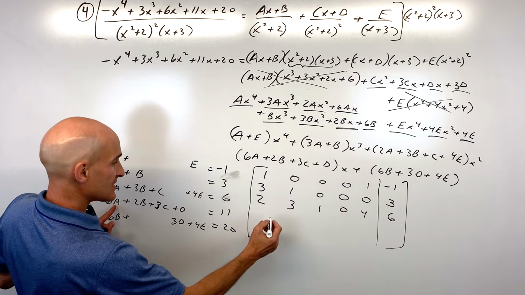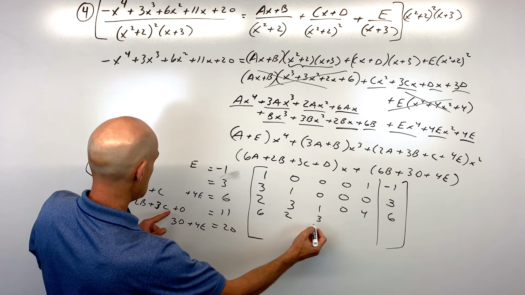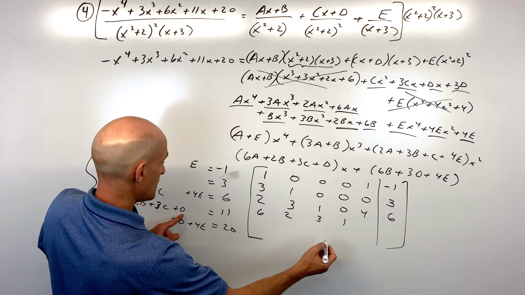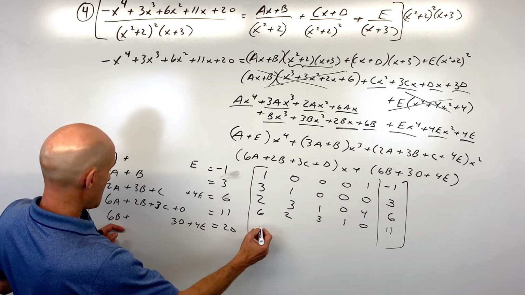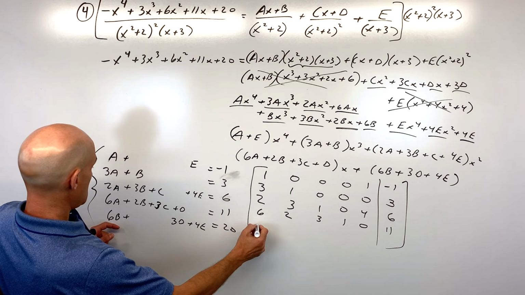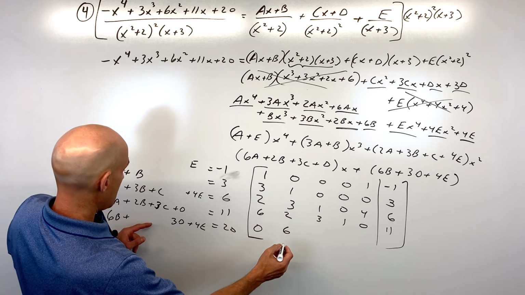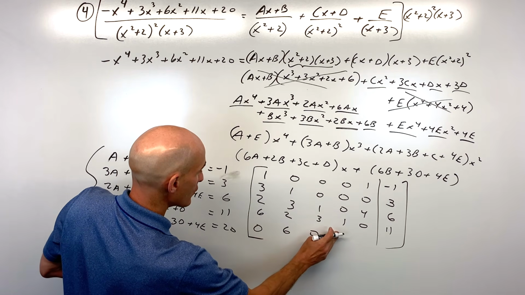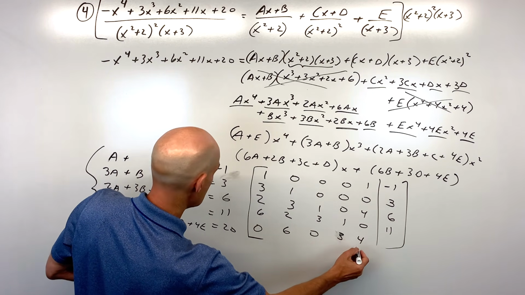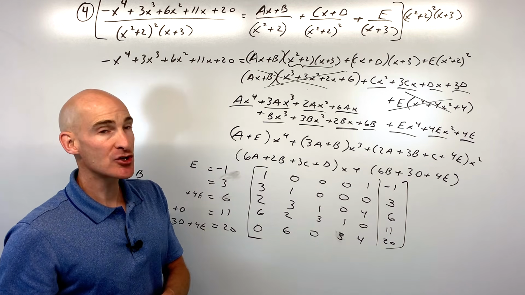And then over here we've got 6a, 2b, 3c, 1d, and 0e equals 11. And then the last equation we have 0a, 6b, 0c, 3d, and 4e, and that equals 20. So let's go ahead and put this into our graphing calculator. I'll show you that next.